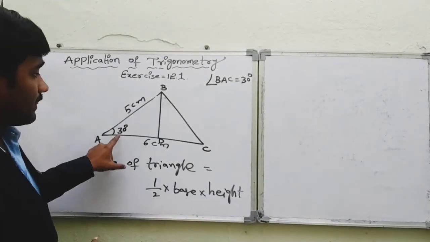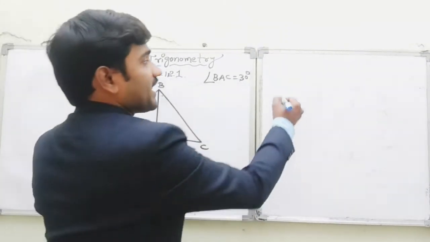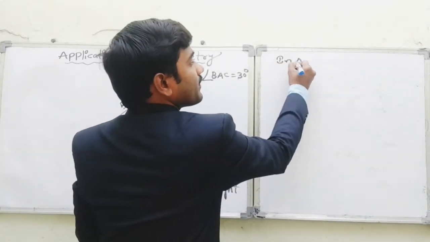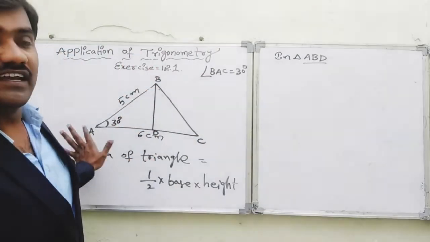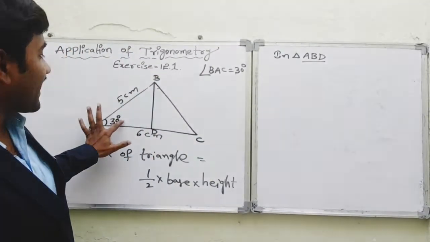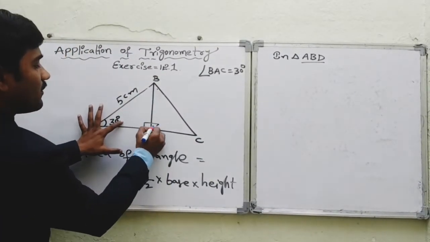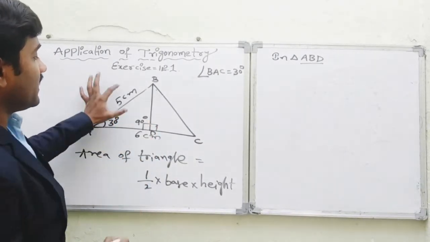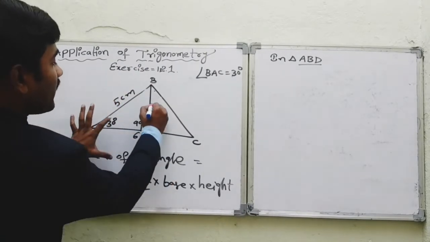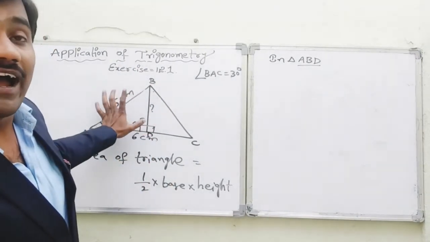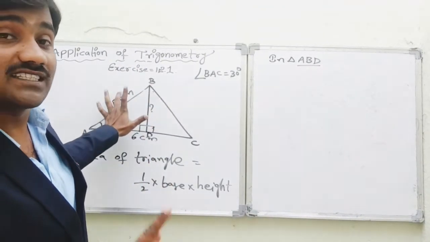For this triangle ABD, here angle is given, this is 90 degrees, no? Okay. Here hypotenuse is there and here we need to find out the opposite side. Opposite by hypotenuse, sine.